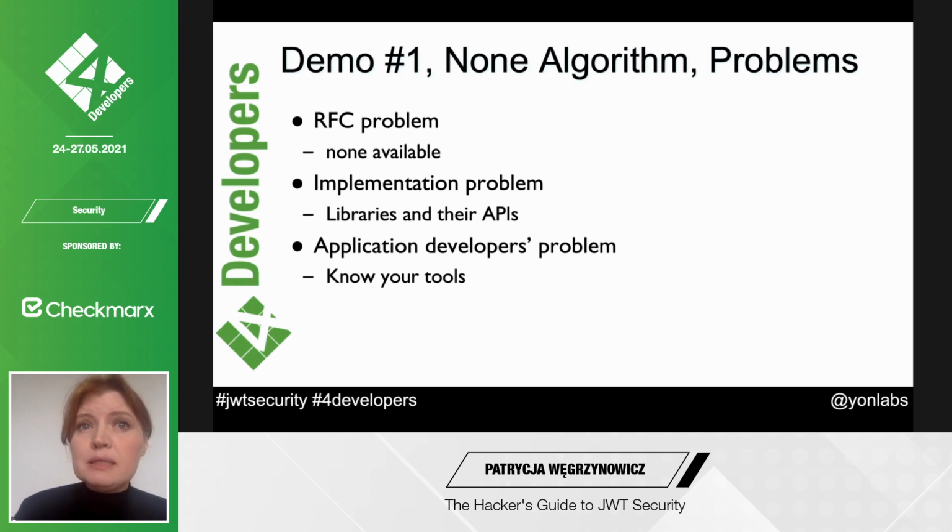The second problem is the misleading APIs in JWT libraries. And the last but not least problem is with us, developers. We often don't read manuals, we use samples found on the internet, so such mistakes happen. And actually, the exact mistake I showcased happened in one of my projects.